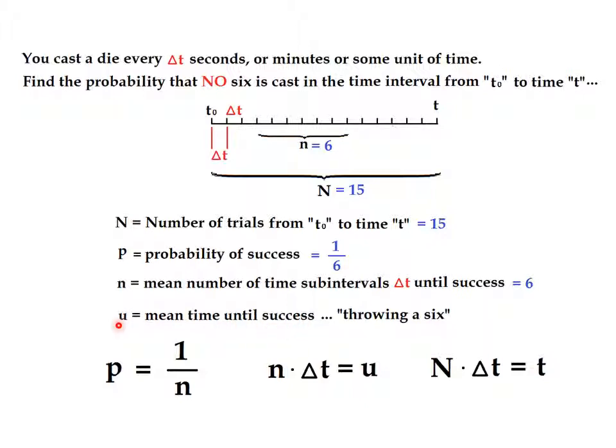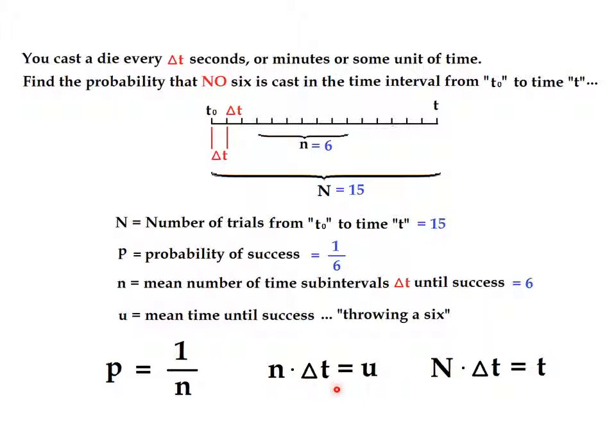is given by u. Let's get these straight, because these three very simple equations are going to become very important here as we let delta t approach 0 and capital N get larger without bound within a specified time interval from time t naught to time t. Notice that the probability of success is 1 over n, little n that is.